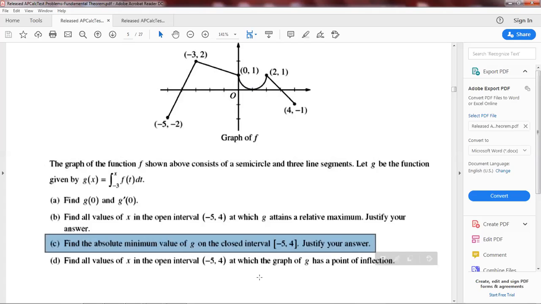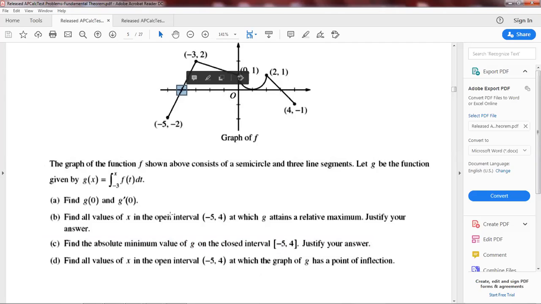Next question. Find the absolute minimum of g on the closed interval [-5, 4]. Justify your answer. How do you find the absolute minimum? This is the min, correct?